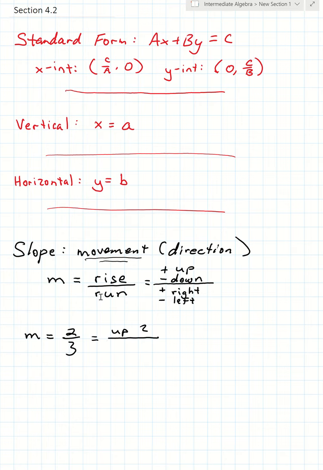And since the run is a positive 3, we're going to have to move to the right 3 units. So these are the directions that we will have to move according to our slope, okay? Because as I said before, the slope provides directions, how we move from one coordinate to the next coordinate, from one point to the next point, okay?